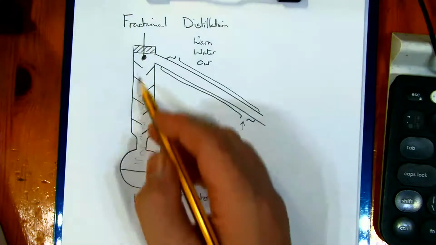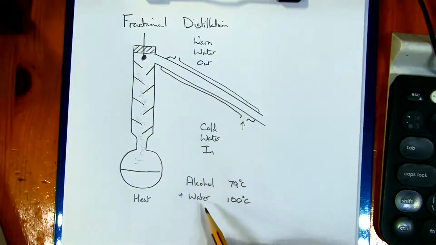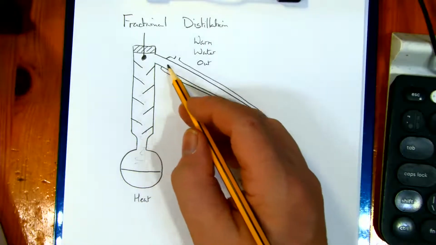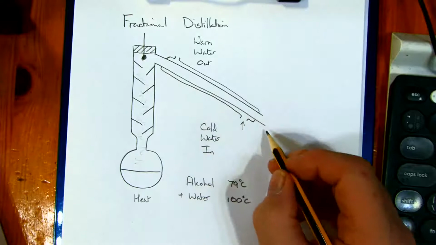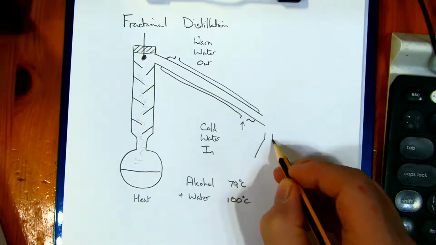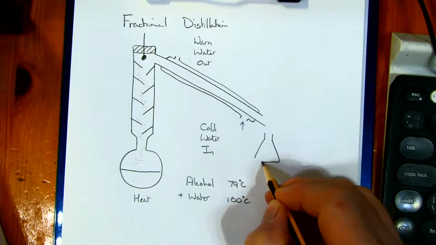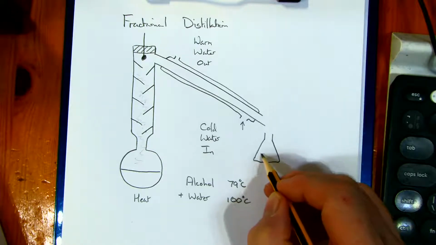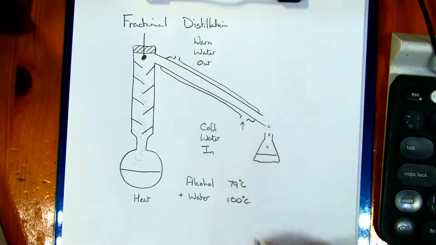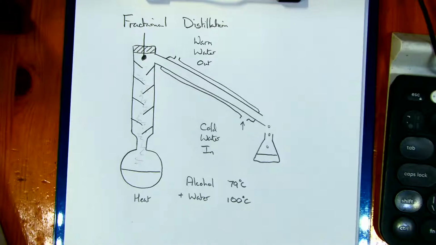So we heat this up to about 79 centigrade, and we will find that coming down here is going to be mostly alcohol, and I will collect that in my conical flask. So we've got fractional distillation.